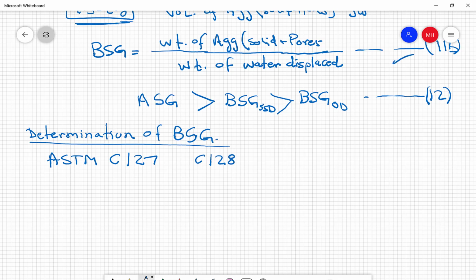So in ASTM C127, the coarse aggregate, basically this is for coarse, is weighed in air, where we have the weight of aggregate in air, and again in water.